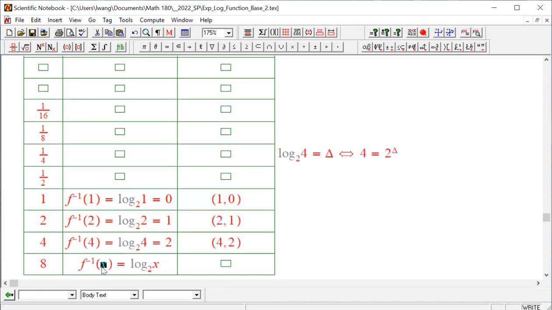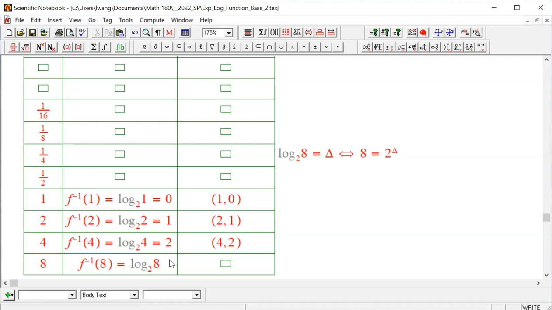The input is 8. So what number to the power 2 equals 8? 3.